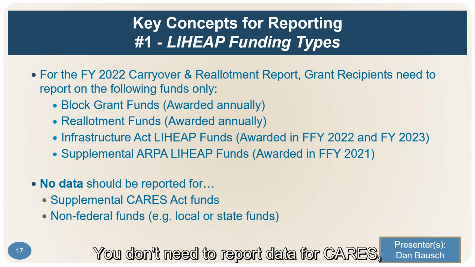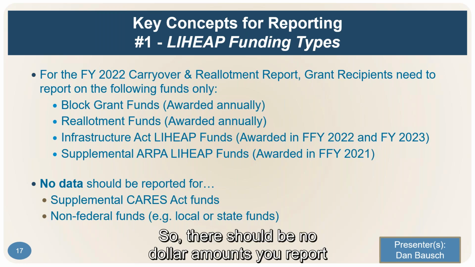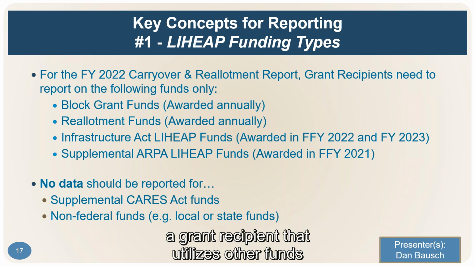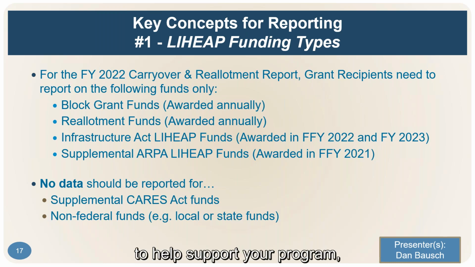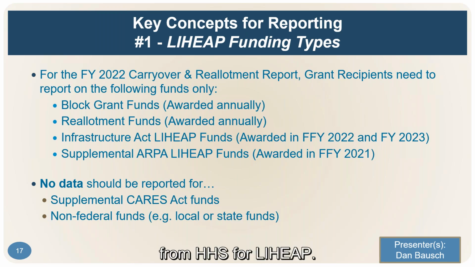You don't need to report data for CARES, as I mentioned earlier. So there should be no dollar amounts you report that include any CARES dollars. And if you're a grant recipient that utilizes other funds to help support your program, like local funds or state funds, those are also not included. This report's just looking at the federal funds you receive from HHS for LIHEAP.